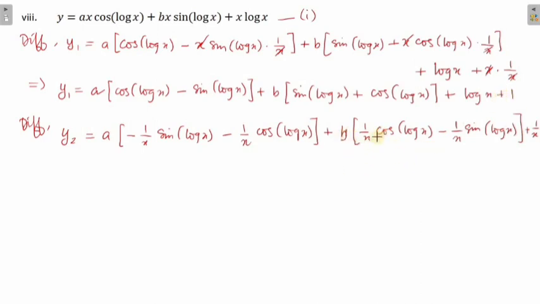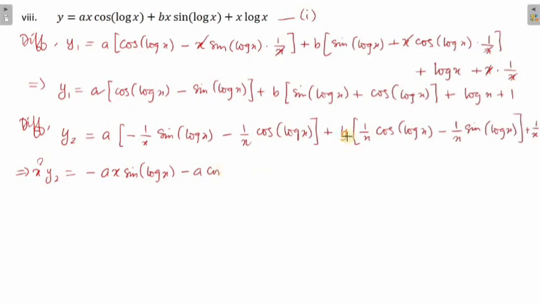Now what I am going to do is I'll multiply both sides by x square. Why? You will understand this. See here carefully. So if you multiply with x square, you get x square y2 equals, now open the bracket also. So you get minus, when you multiply with x square, x and x gets cancelled. Only one x is left, so you get minus ax sine log x. Similarly here you get minus a cos log x.